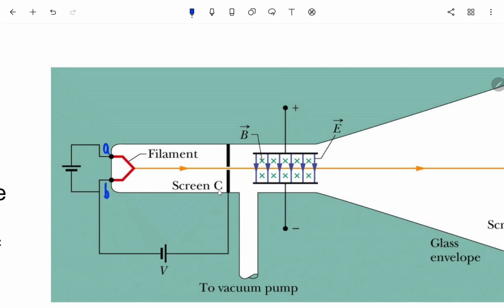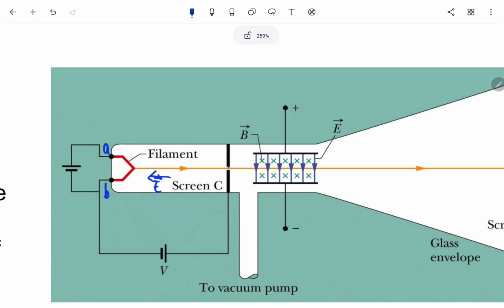So you can imagine there will be an E field pointing to the left side. For this part it will actually generate some free electrons, and with this potential difference, the electron will accelerate from this part up to the screen.